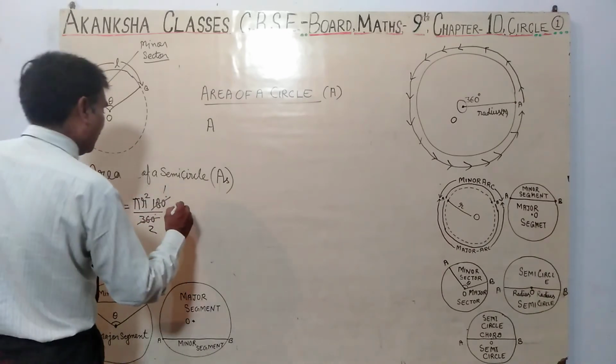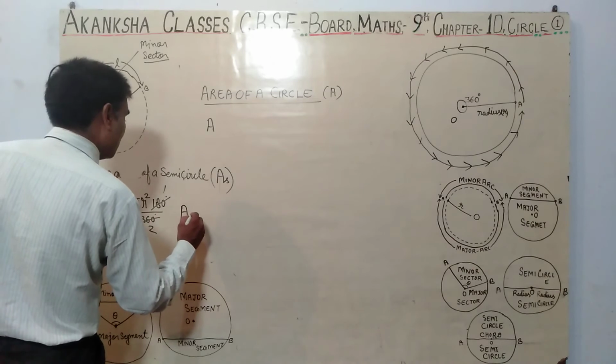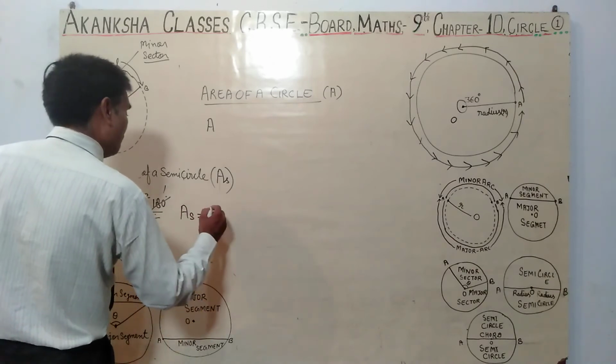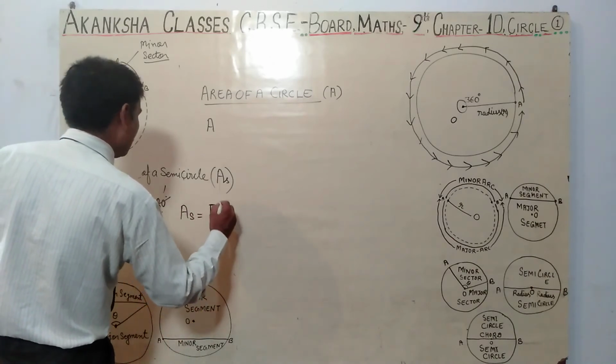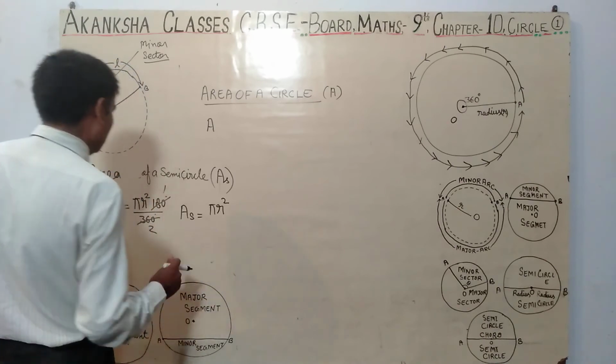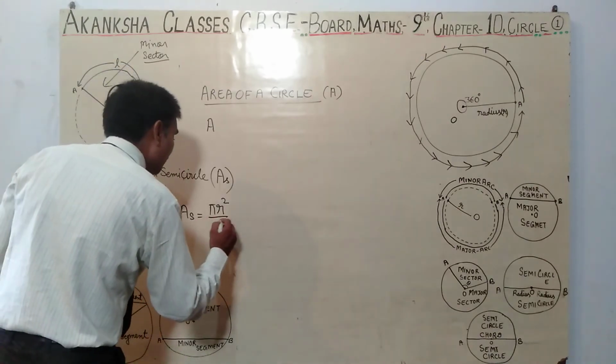Thus area of a semicircle equals pi r square by 2.